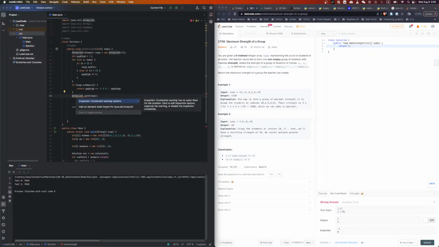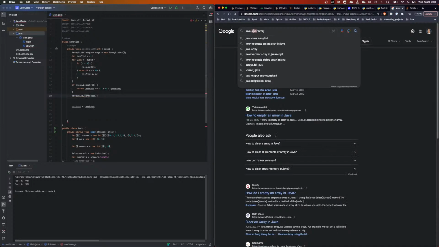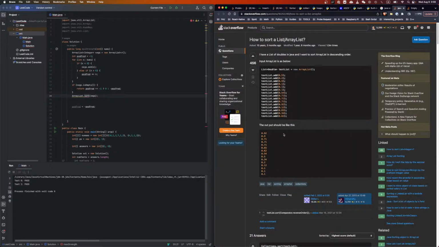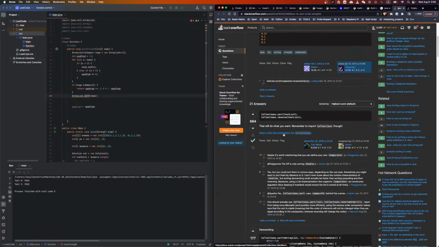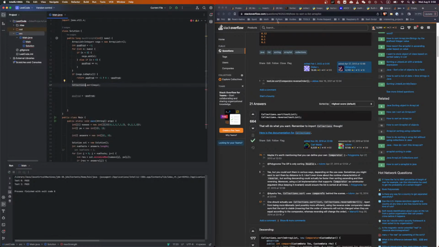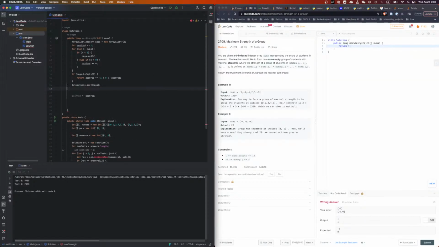How do I sort array list? Collections.sort. Ah, gotcha.